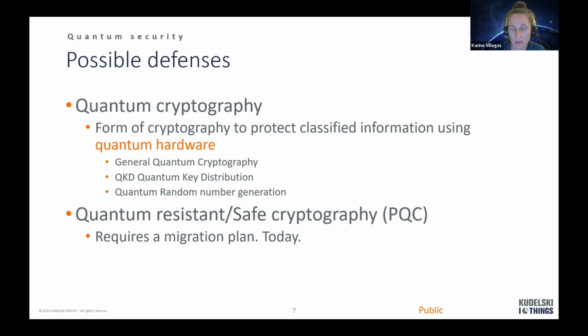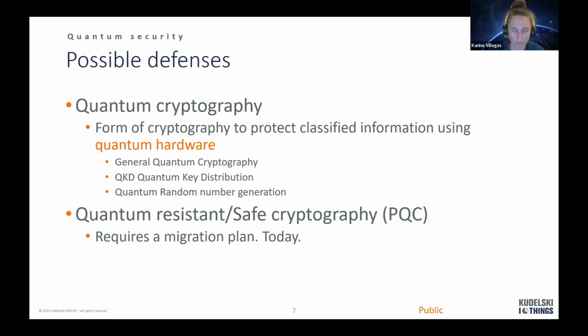So there is the second axis, which is quantum resistant cryptography, also called quantum safe cryptography or PQC. And this requires a migration plan, which is needed today, because the threat related to data that has a long life is already there, because we could store communications now and decrypt them as soon as a quantum computer with enough capabilities is available.